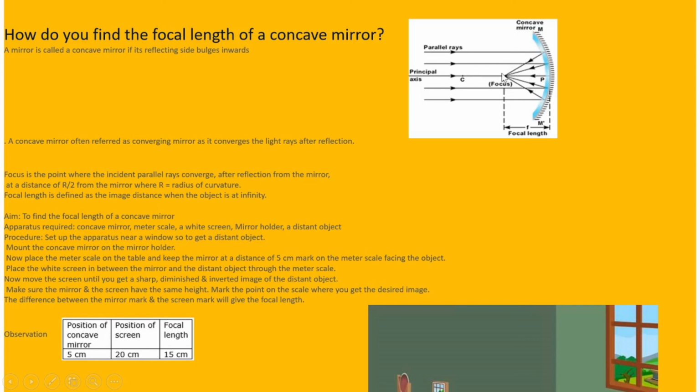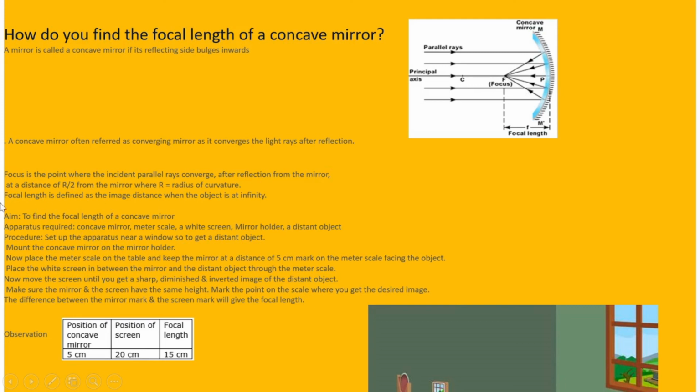If we place a screen here, we will be able to see an image of the tree. When we get the image, the distance from P to F is called the focal length.